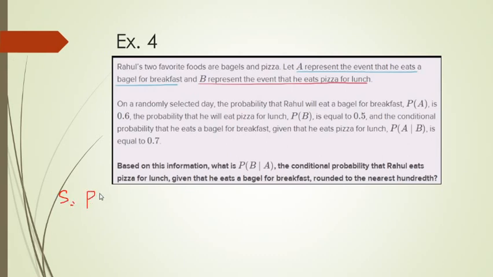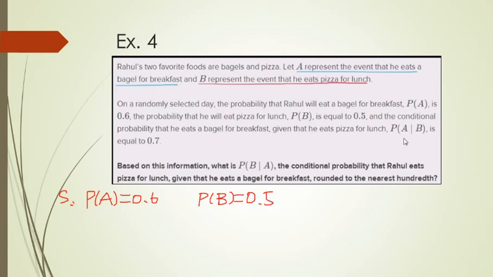The probability Rahul will eat a bagel is 0.6, and the probability he will eat pizza for lunch is 0.5.